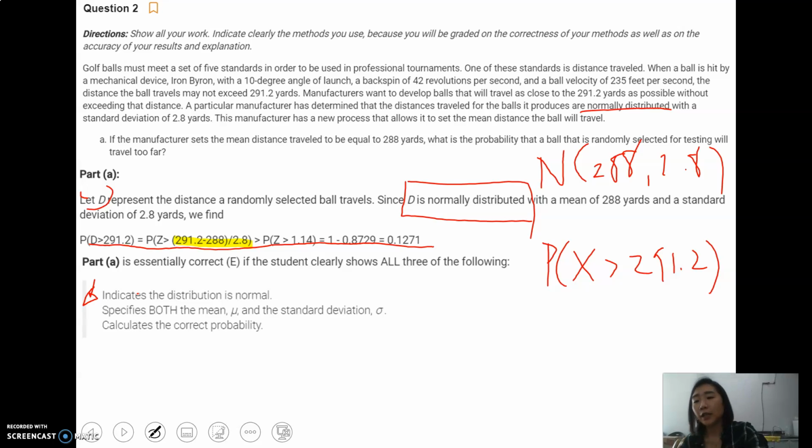So I think learning how to write your answer like this is the best way to tackle this kind of question, even if you use a normal CDF function on the actual test to get your answer. I'm just saying that I don't think they will necessarily prefer that answer when they said that you don't need a fancy calculator to do this kind of exam. So that was the only thing from part A. So let's look at part B.